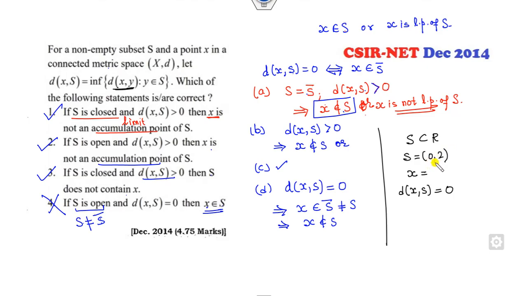Choose x as 0. Fine. Because 0 is also a part of the closure, I can choose any other point, say 1, 2. Then what is the distance? 1 minus 1 is 0, and 1 minus 2 is 1. So the infimum is 0. So x, which is 1, does not belong to S, which is an open interval. So that's why the right options are A, B and C.